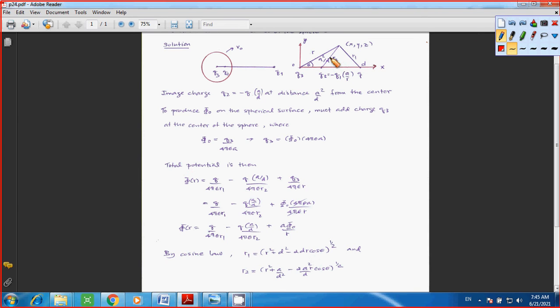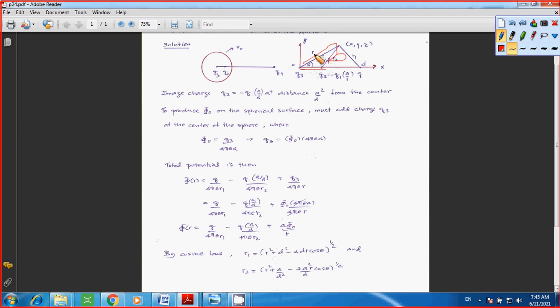What about r2? r2 is going to be r squared plus a over d squared. So this is the distance, right? And you pick up this triangle. That's your r2.